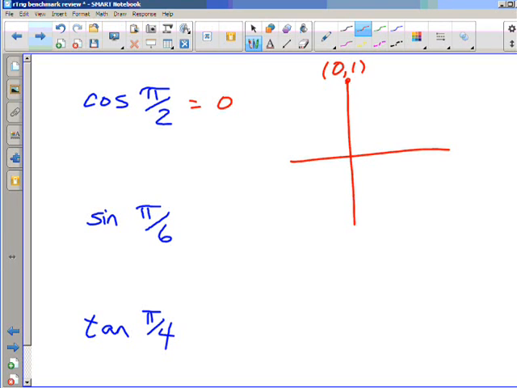Sine of pi over 6, that's going to be our smaller angle here. The opposite side is 1/2 for a unit circle. And then tangent of pi over 4. That's like our 45. What we know there is that the opposite and the adjacent have the same length. Tangent's positive in the first quadrant, so that's a positive 1.